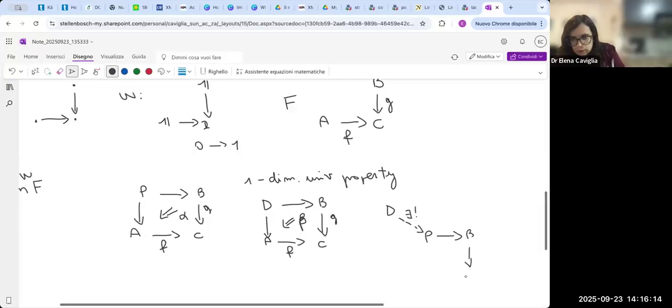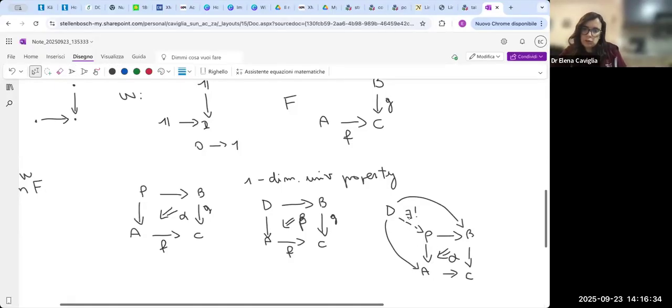So this is our initial square with alpha inside. So there exists a unique arrow from D to P such that this pasting diagram, so we paste this alpha with the unique arrow, or if you want, we can view it equivalently as pasting with these two triangles, but they are commutative, so they have identity 2 cells inside.